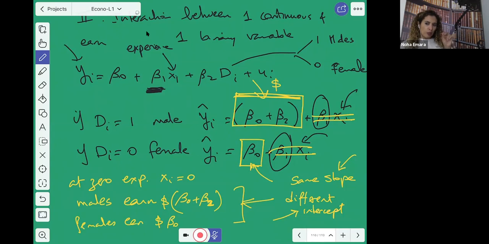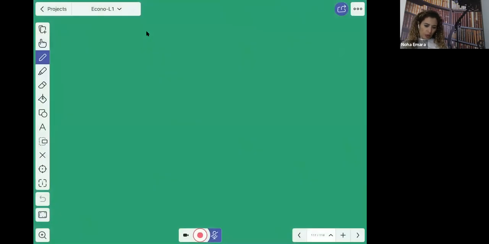And this is more realistic because this is what we know in the US market and many other countries: it's not only the case that at 0 experience males earn higher than females, but it is also the case that for each additional year of experience, earning is not going to increase by the same amounts. So in order to do that, we have to introduce a new type of model in which I have different intercept and different slope.